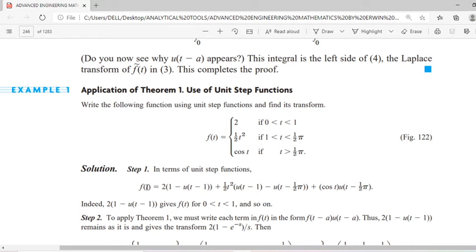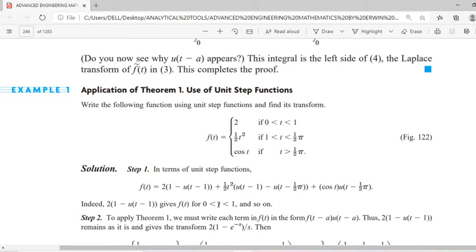You can write this as a single expression like this: 2 into (1 minus u of t minus 1), and this is plus half into t square into (u of t minus 1 minus u of t minus pi by 2), then plus cos t into u of t minus pi by 2.